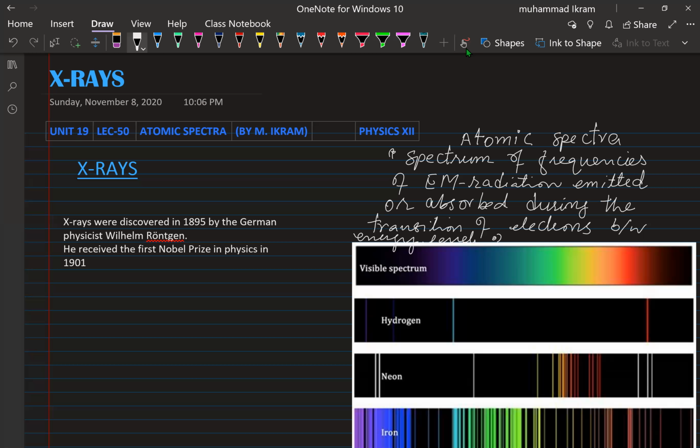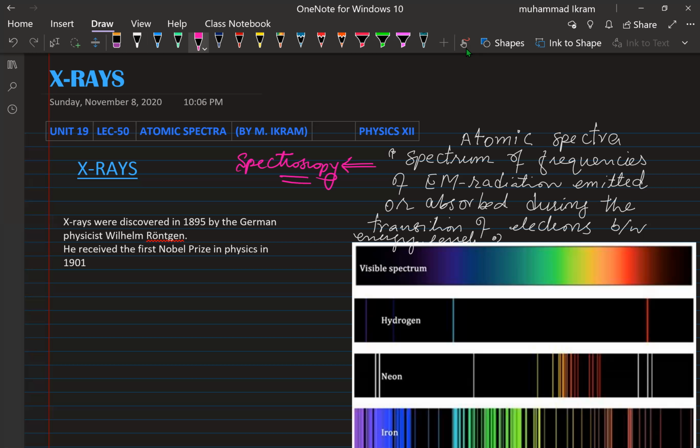This is called spectrum, and the process of analyzing spectrum is called spectroscopy. This is called spectroscopy, right?